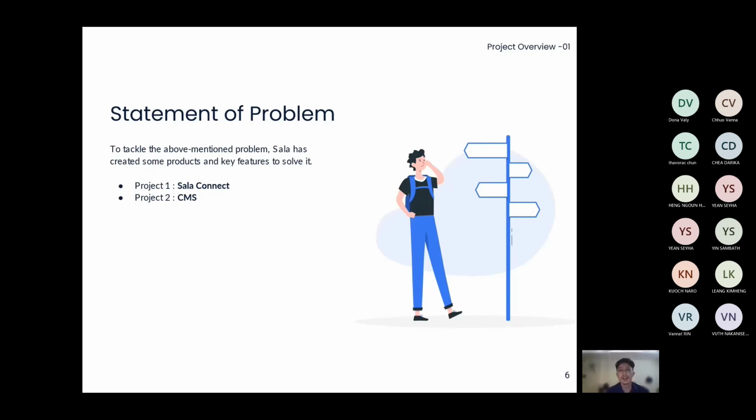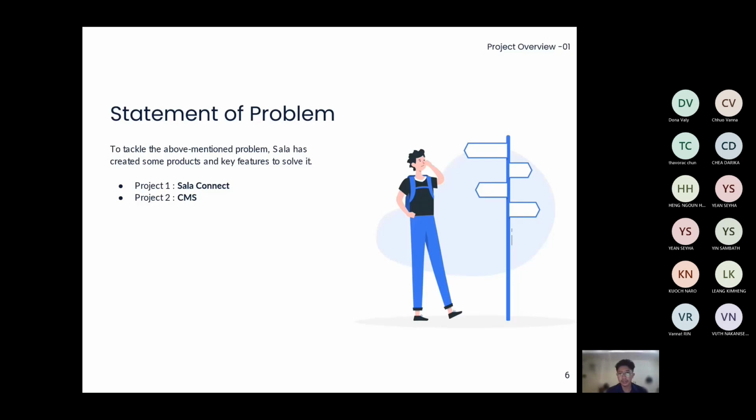But in this presentation, I will only be talking about the projects that I was in charge of. First project, Salah Connect. Salah Connect is a platform that helps connect students to teachers, advisors, or fellow students for the purpose of discussing academic problems, for example, asking about an assignment problem or asking for an explanation of a certain exercise from teachers or fellow students.